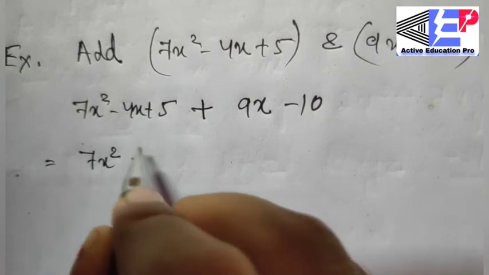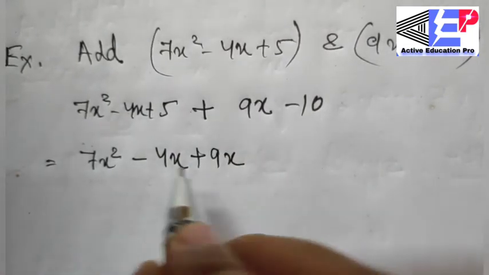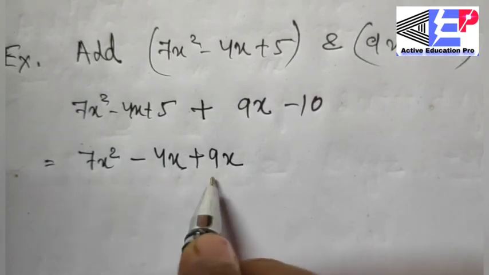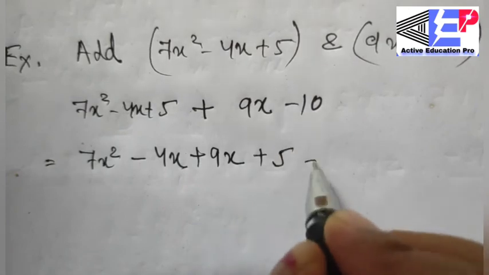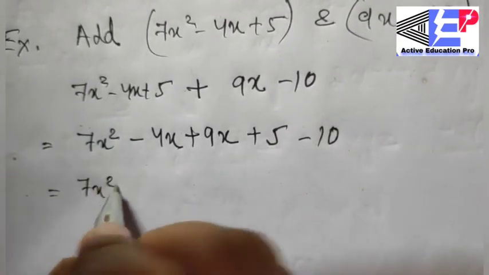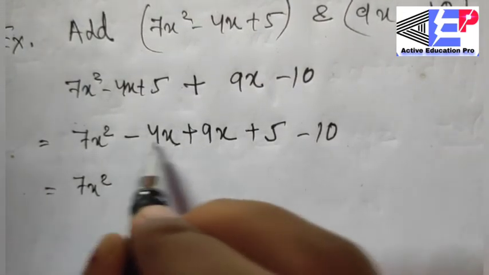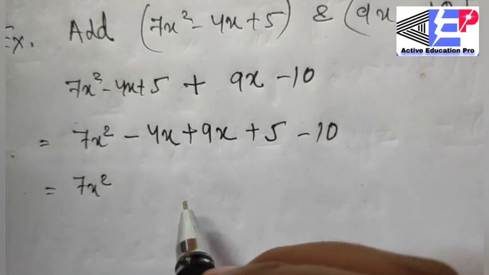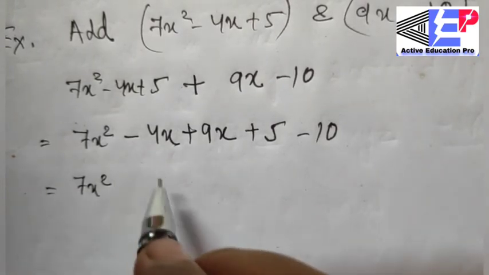Then minus 4x plus 9x, because both are like terms containing variable x, and then constants plus 5 and minus 10. The result will start with 7x square. Here we have minus 4 and plus 9, both of opposite sign. How to write? I told you a few minutes before.